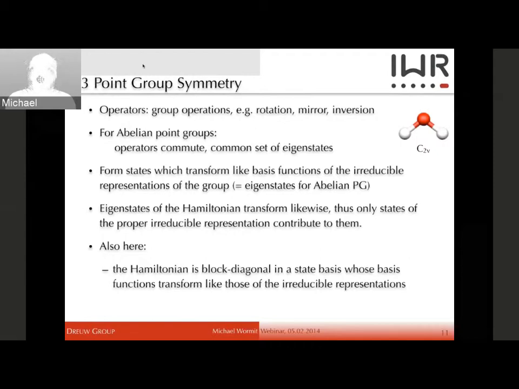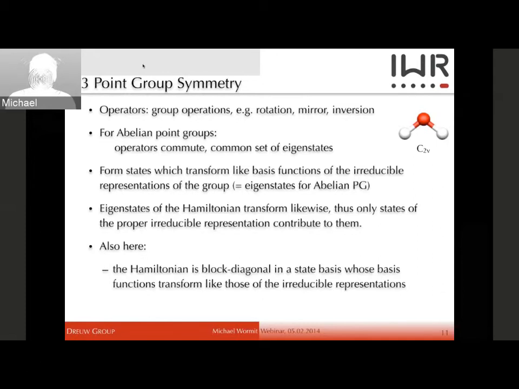So that would be, for example, a spherical function on the oxygen atom, which would be of the totally symmetric irreducible representation. Other irreducible representations, I would have to think about how they would look. So probably you could also construct something like two spherical functions on the hydrogen atoms that would still be totally symmetric with respect to all three operations.